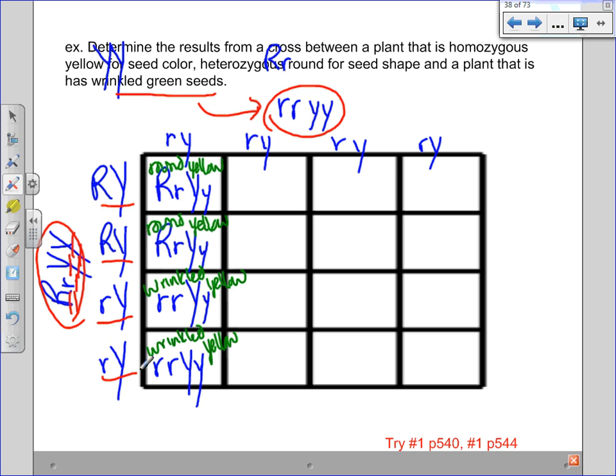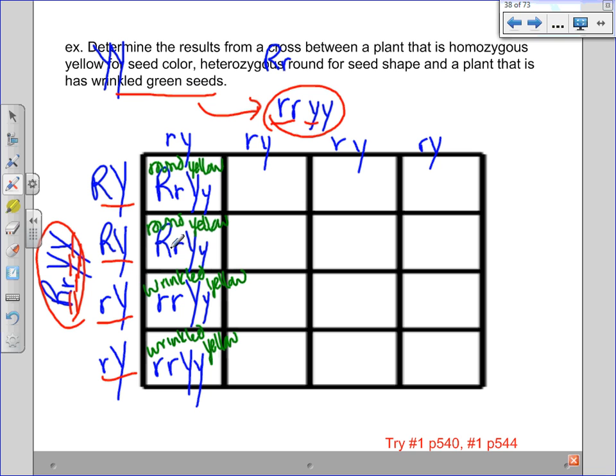Because we have a lot of things that are showing the same, sometimes there are shortcuts you can use. If you're not sure and you're worried, fill in the whole thing. With this parent, there's only little r's and little y's, so it's always going to be little r, little y in the gametes.